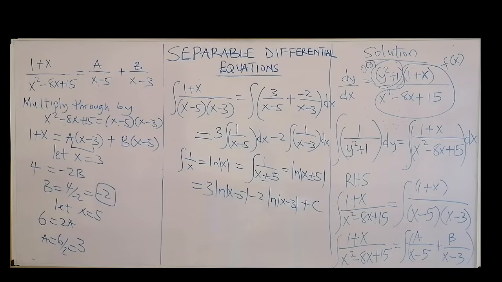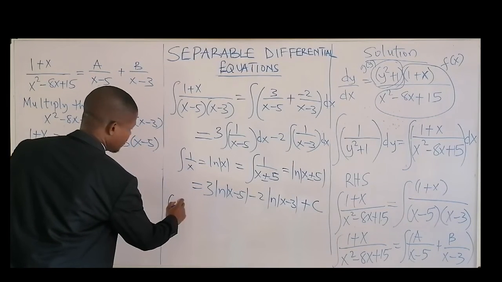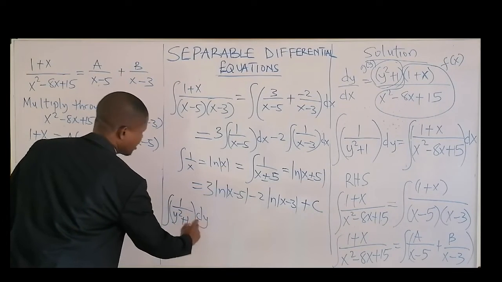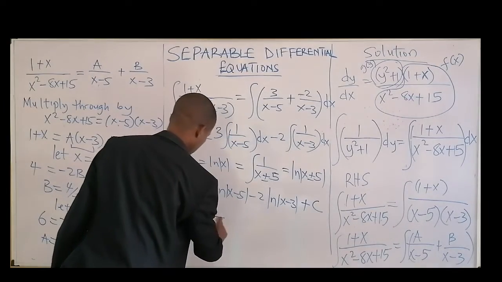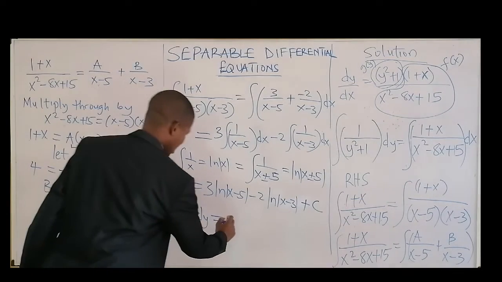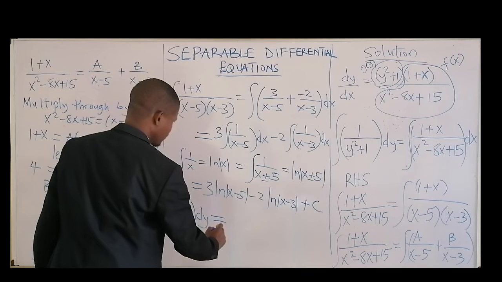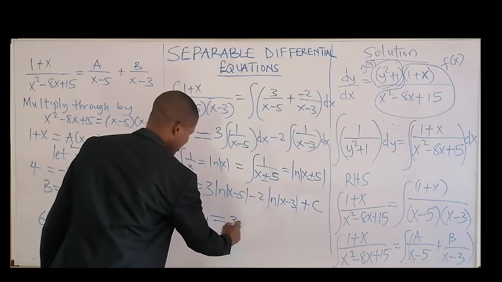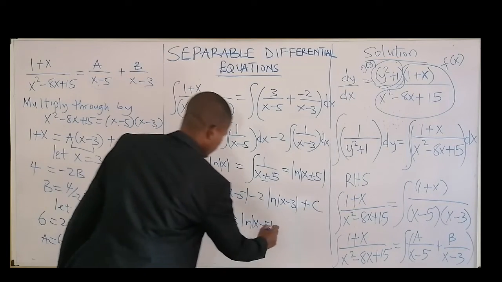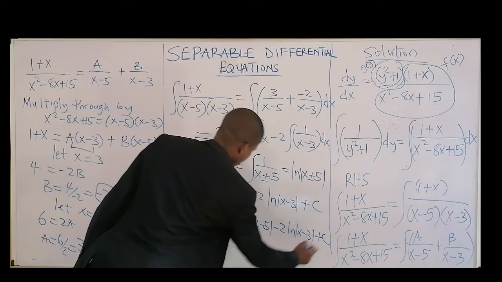So the left hand side, we now have the integral of 1 over y squared plus 1 dy, which is the left hand side, equal to what? I've already gotten my right hand side, so I'll just plug in that: 3 ln(x minus 5), then minus 2 ln(x minus 3) plus c.